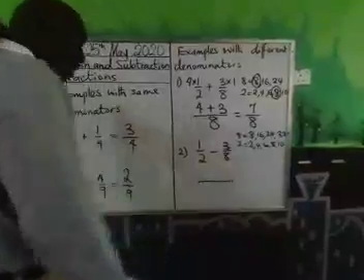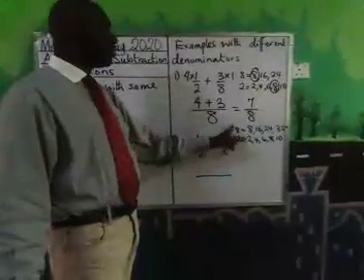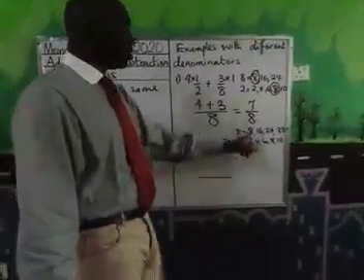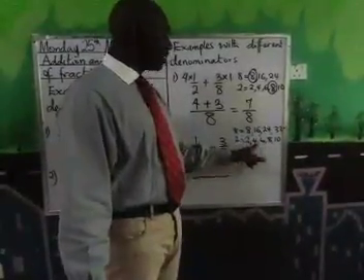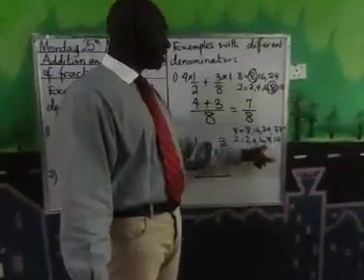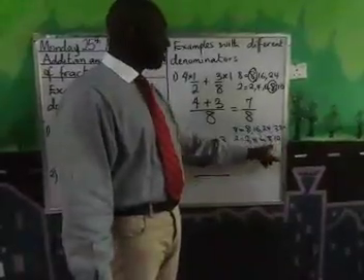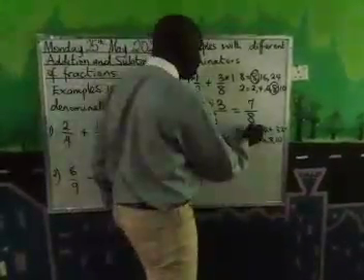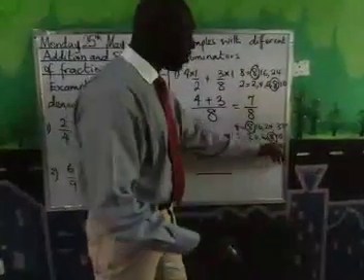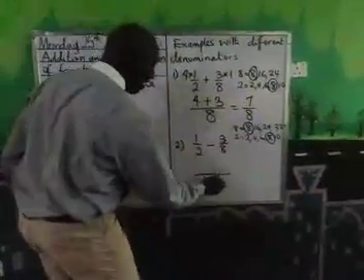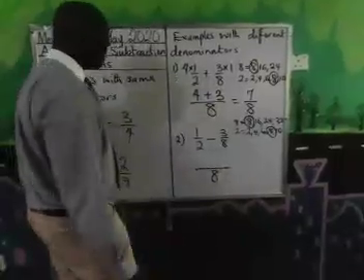Now, what is common to 2 and 8? 4 is down here, it's not up here. 6 is down here, it's not up here. 8 is down here, but it's up here too. So we circle it. Okay? Any other one that is common? No. So we have a denominator.